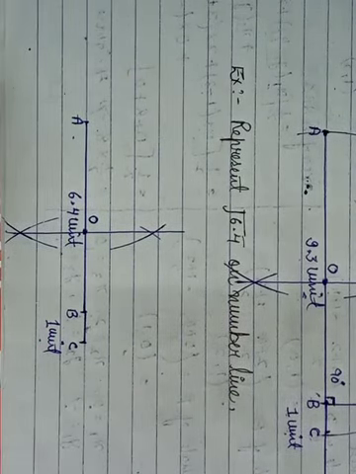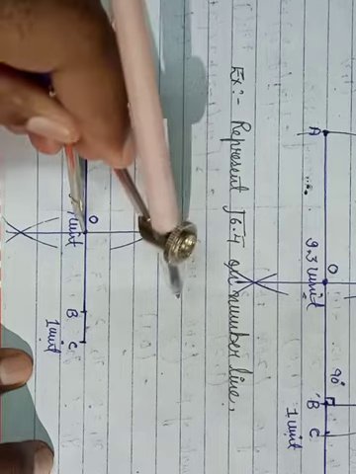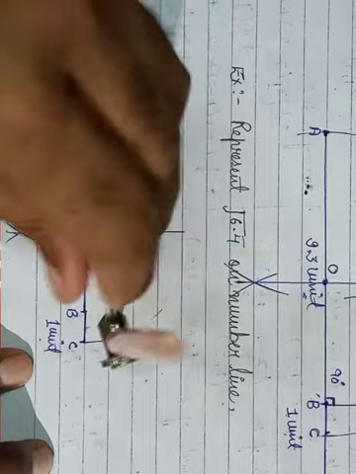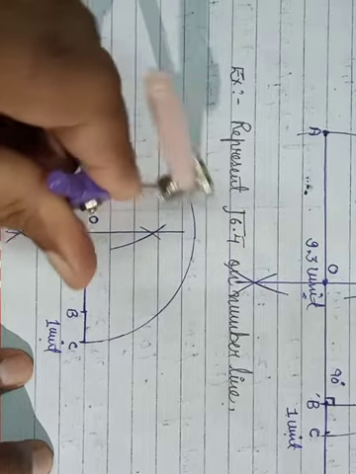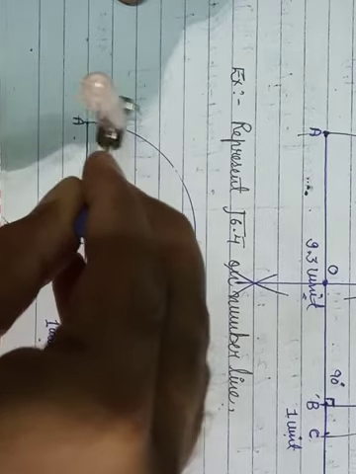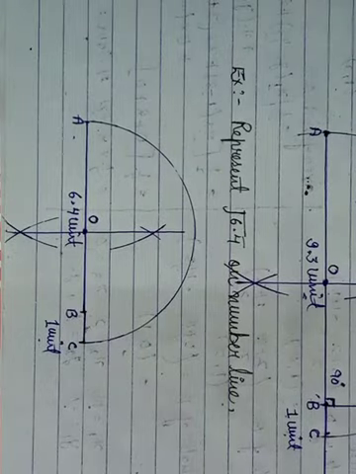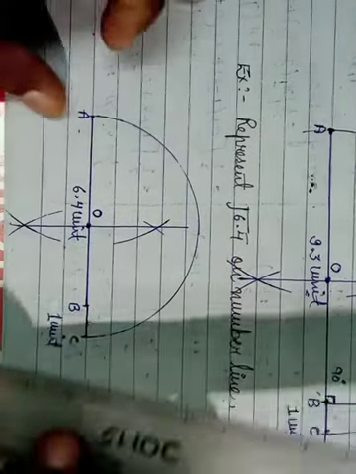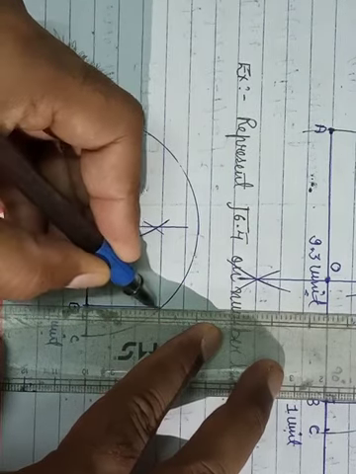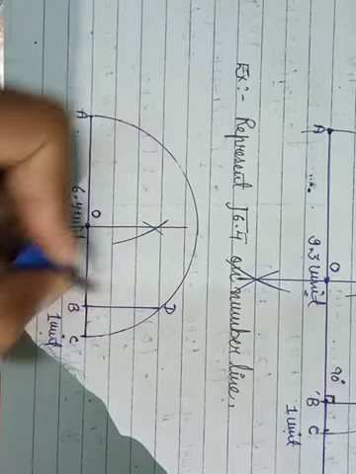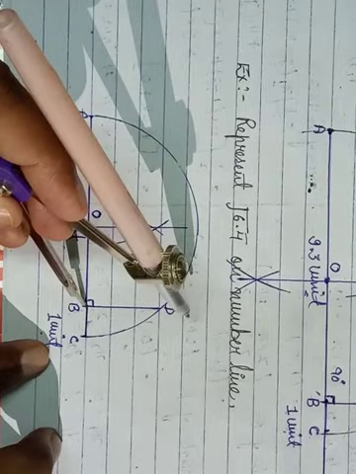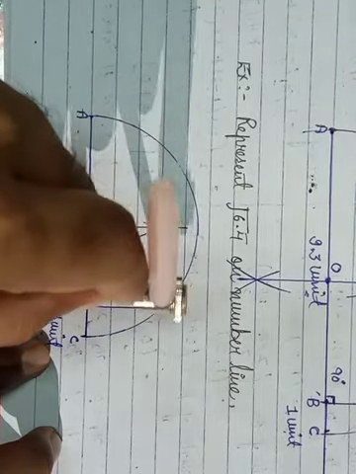After then, we take O as a center, open the compass with radius OC and draw a semicircle. Remember that this semicircle passes through the point A. After then, draw the perpendicular from point B which meets the semicircle at point D. Now we choose B as a center and radius BD, cut an arc.